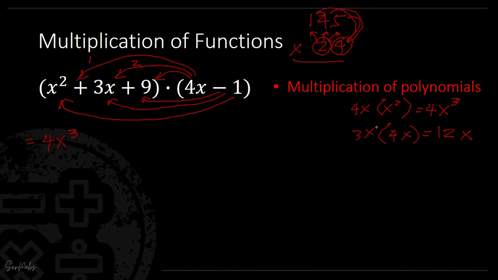Copy x, add exponent. 1 plus 1, 2. Pangatlo, ito ang ating number 3 procedure. 4x times 9. Nagkabaliktad lang yung pangalawa pero pareho lang din naman yan. Just multiply the numerical coefficient, yung number na kasama. Numerical, ibig sabihin number. So 4 times 9, we have 36.